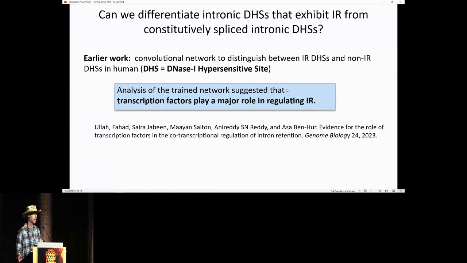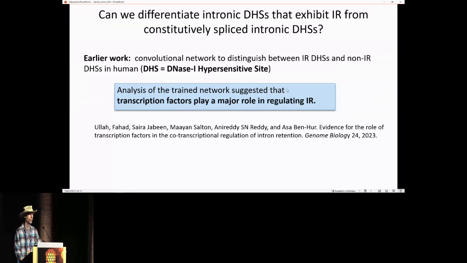And we had a paper last year where we showed that, using deep learning, we can distinguish between hypersensitive sites that are part of a retained intron and those that are not. And this paper also showed that transcription factors rather than splicing factors were probably the most important contributors to this process.